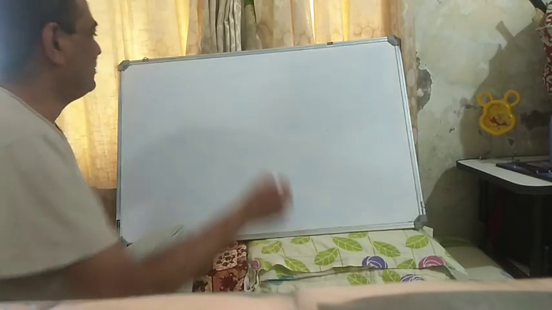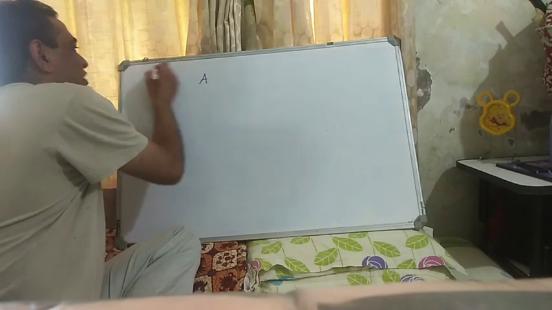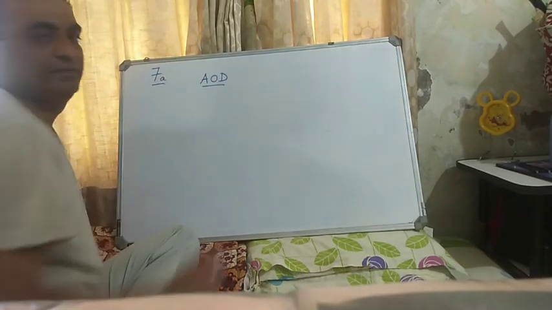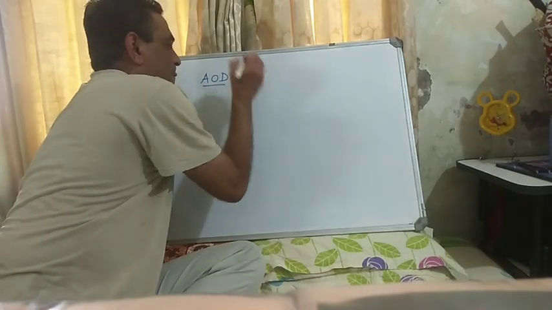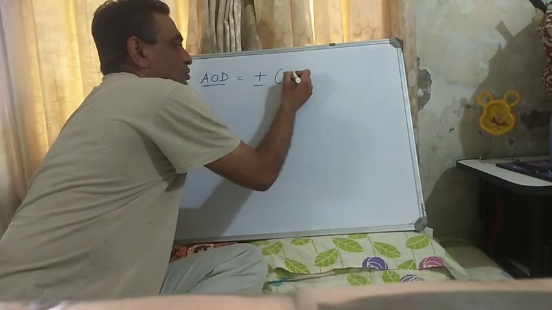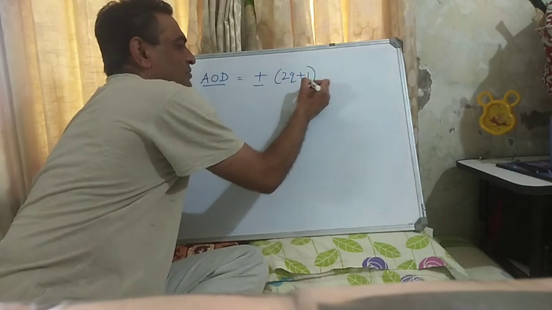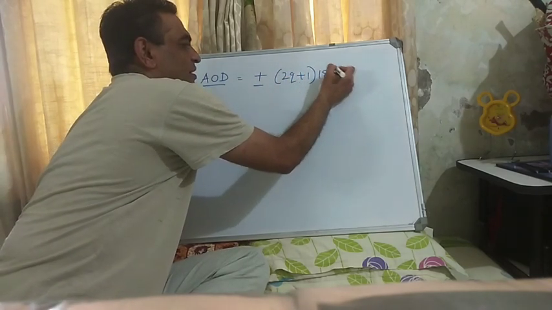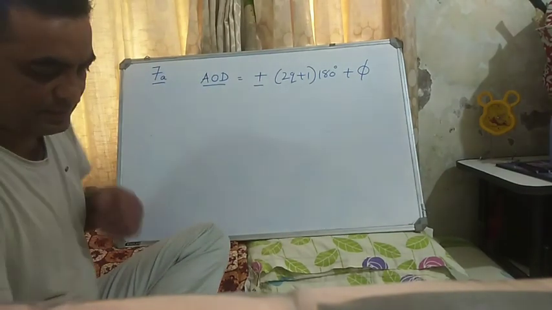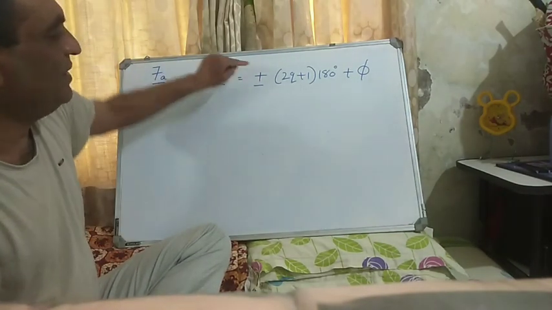Now, the angle of departure, I am talking about the 7a rule, is given by plus minus (2q plus 1) into 180 degree plus phi. Why is it plus minus?